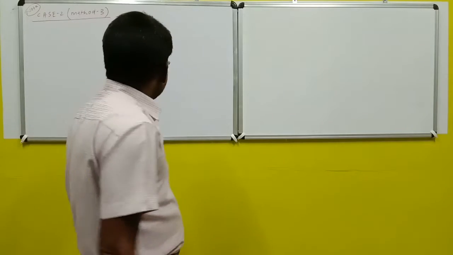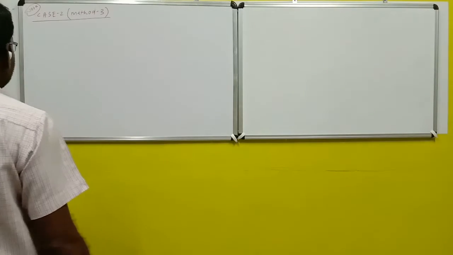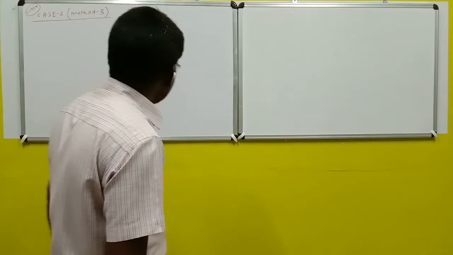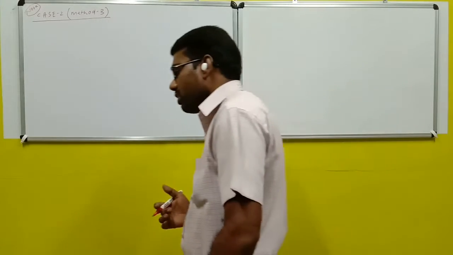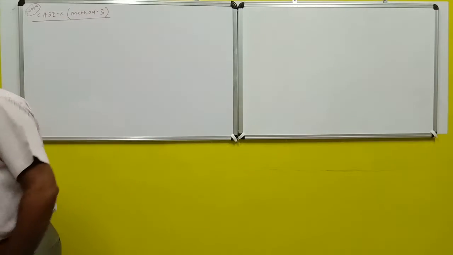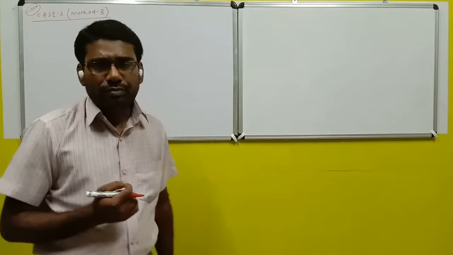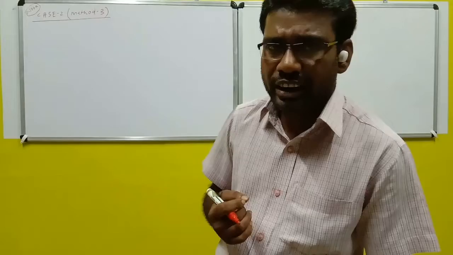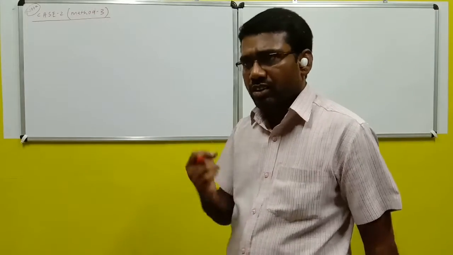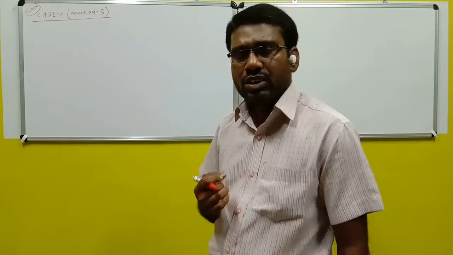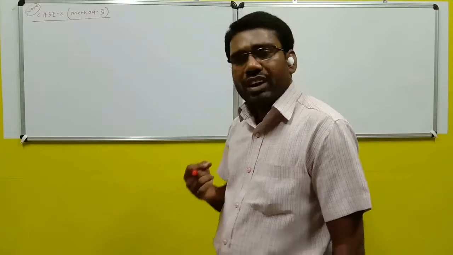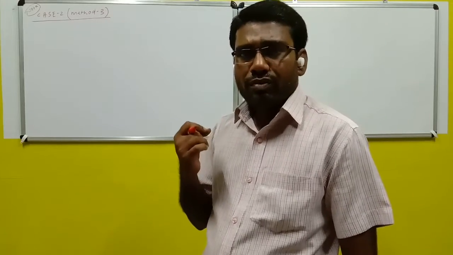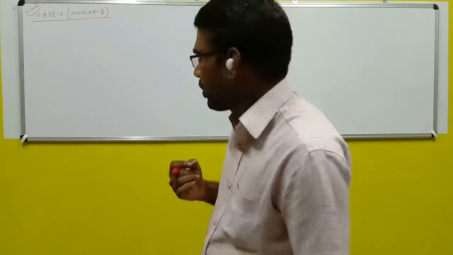Students, to discuss about case 2 or to understand case 2 better, we will take an example, and we will take question number 5 from exercise 1A of the chapter rational number, of the chapter number system of class 9 from R.S. Agrawal math book.